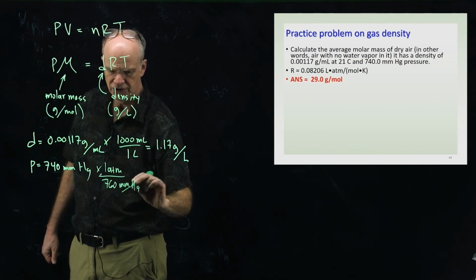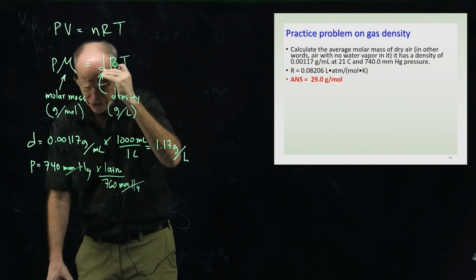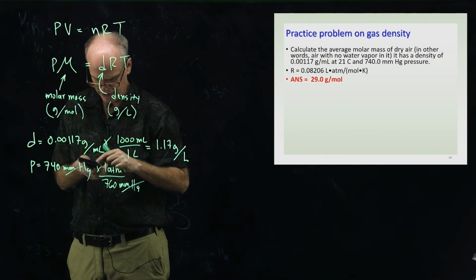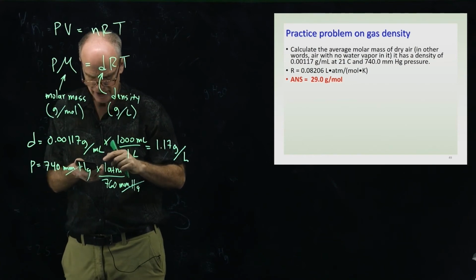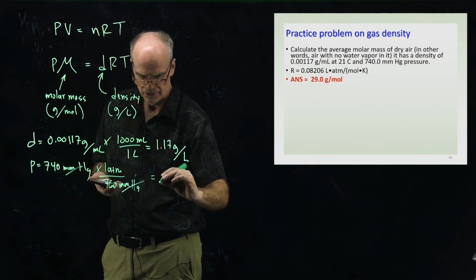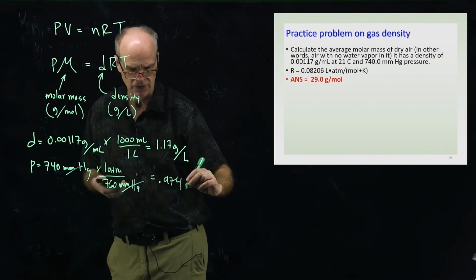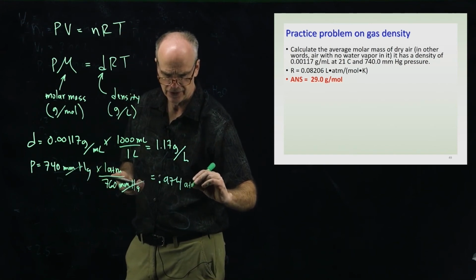And so the millimeters of mercury cancels out, so it's going to be 740 divided by 760. 740 divided by 760 is going to be 0.97. I'm just going to round it off now, as the book suggests, 0.974 atmospheres.